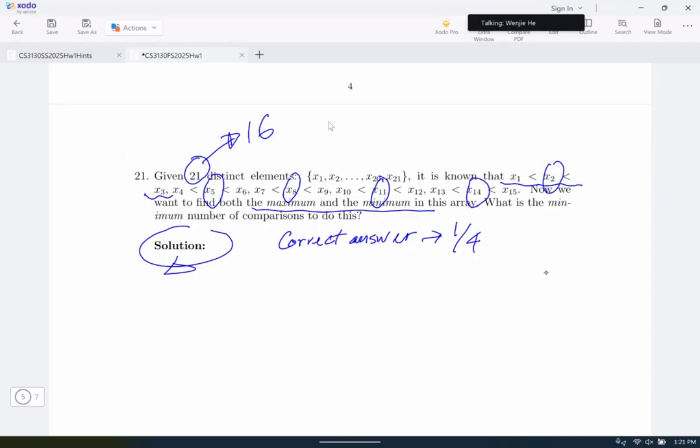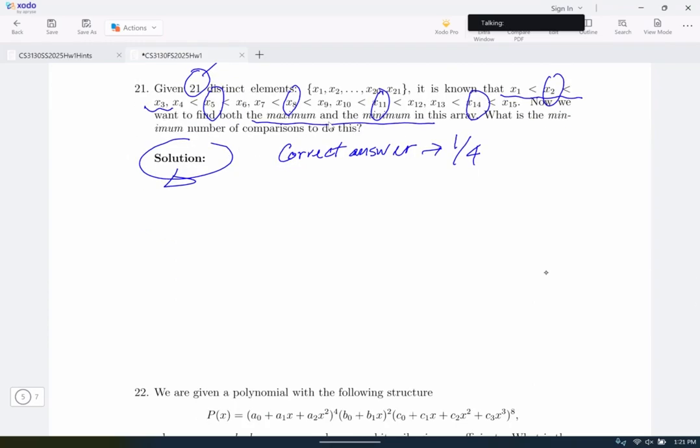All right. Number 22 and 23. Let me see how much time. Okay, I should have enough time. Why so hard? I never have this kind of problem.